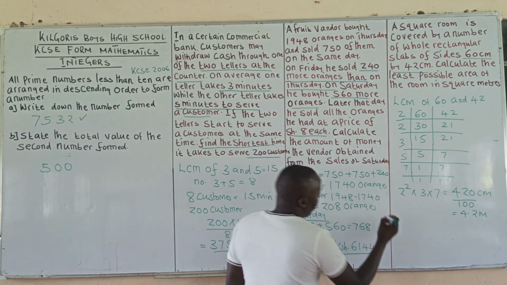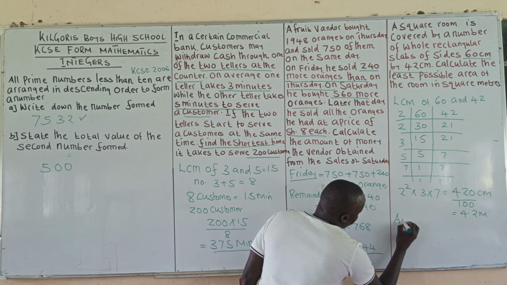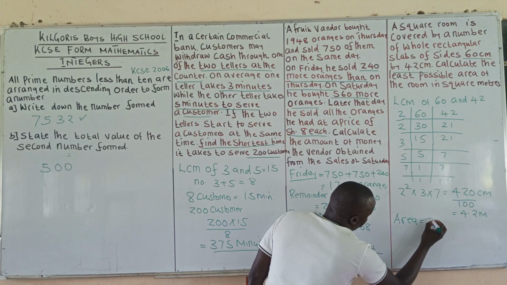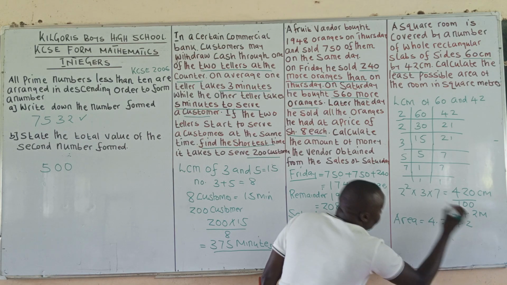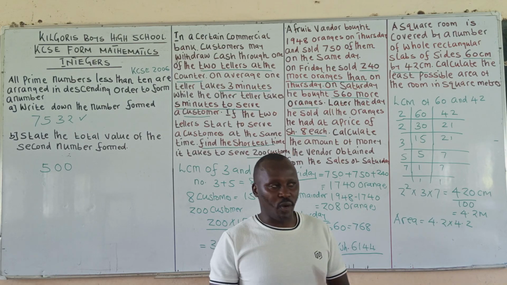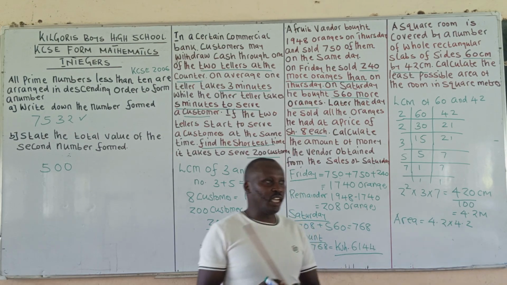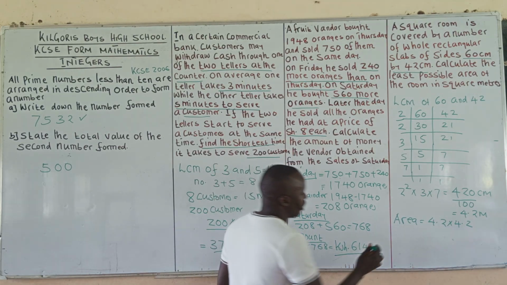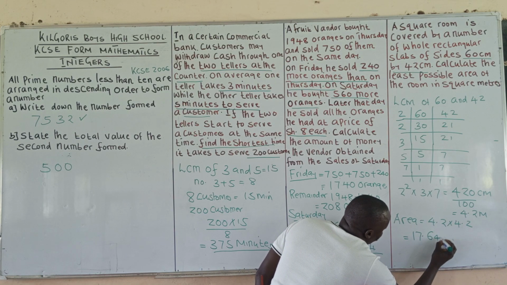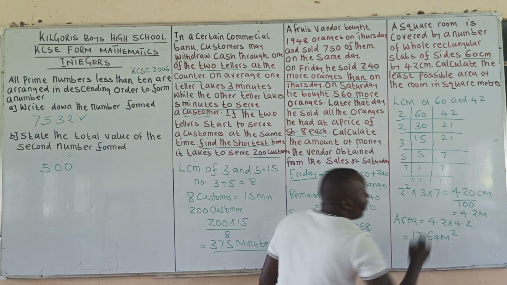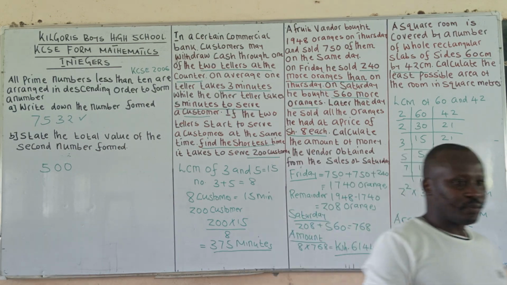So the area in square meters is 4.2 times 4.2, and this one you will get as 17.64 meters square.